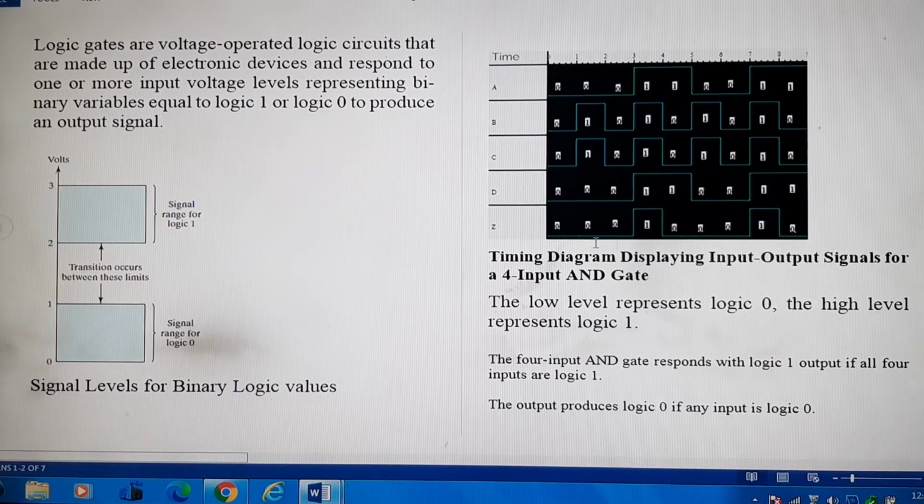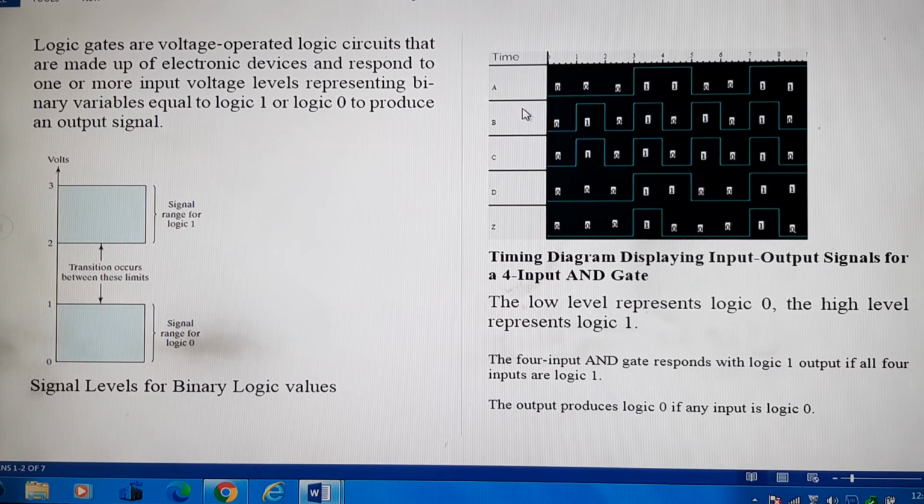Here the horizontal axis represents the time and the vertical axis of the timing diagram shows the signal as it changes between various possible output voltage levels or input voltage levels.